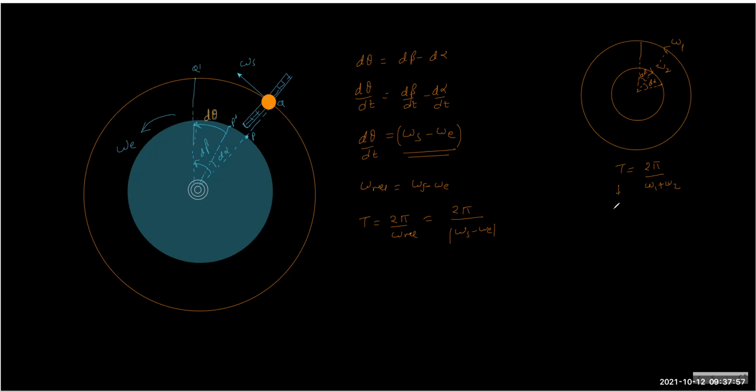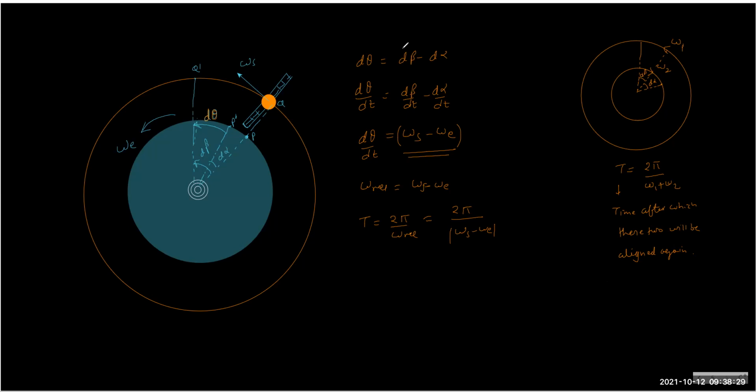So the t is the time after which these two will be aligned again. But this is not the only time. I mean, any multiple of this value will be the answer.